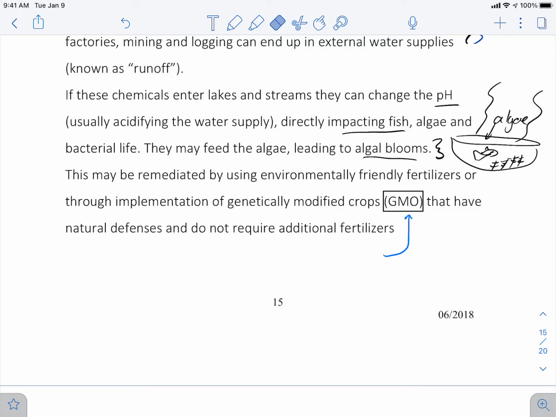Anyways, typically when we're modifying a plant, we're going to be adding a natural ability, but that natural ability is from a different organism. So typically we have some plant or some animal that has the ability to fight off a pesticide or a disease, or the ability to grow in certain types of soil.